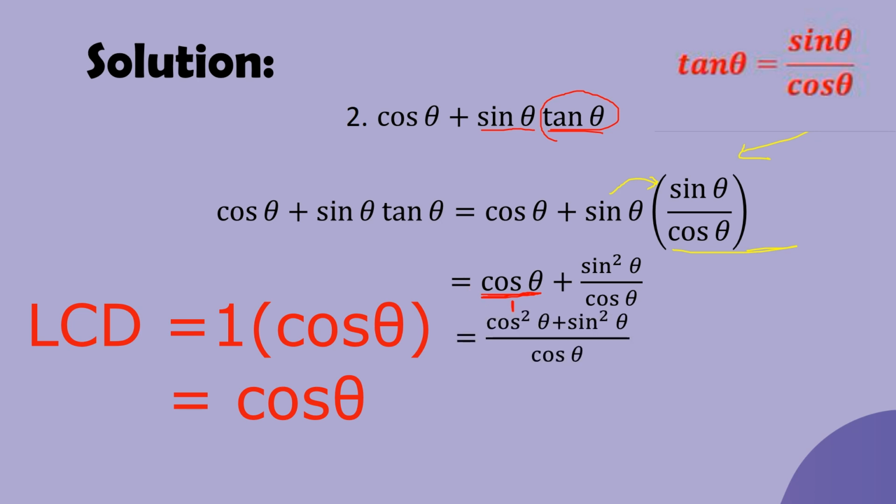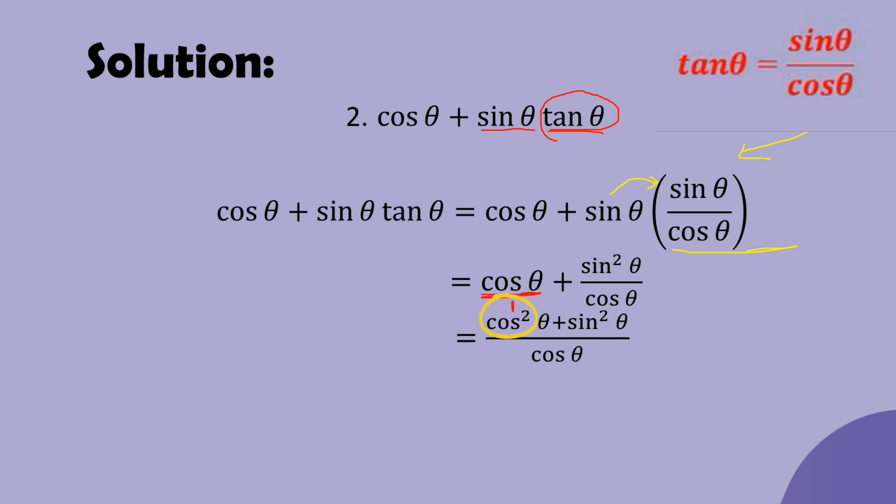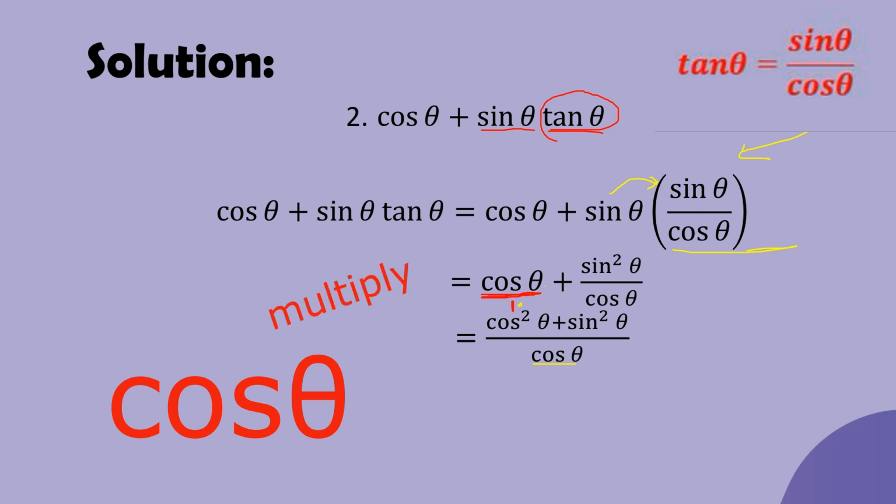Ganyan po ang mangyayari. O ngayon, ba't nagkaroon ng cosine squared yan? Now remember, nung elementary tayo kung paano natin i-add yung dalawang dissimilar fractions. You take your LCD, cosine theta, divided by 1, that's still cosine theta. Then multiplied by your cosine theta here.